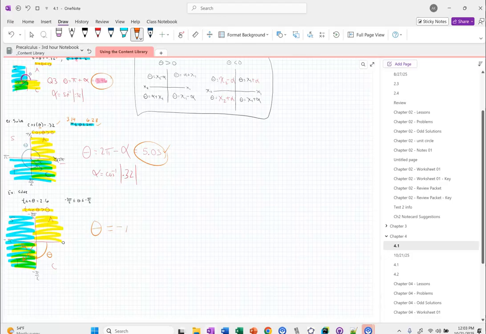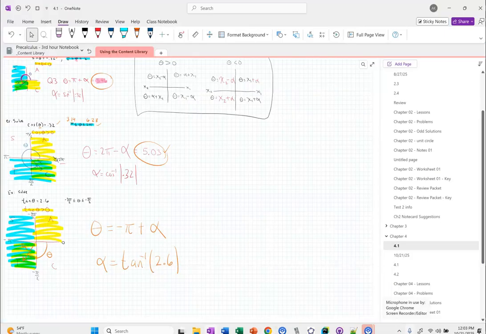So we have negative pi plus alpha. And alpha is going to be, just like before, tan inverse of 2.6. And we go to our calculator then.